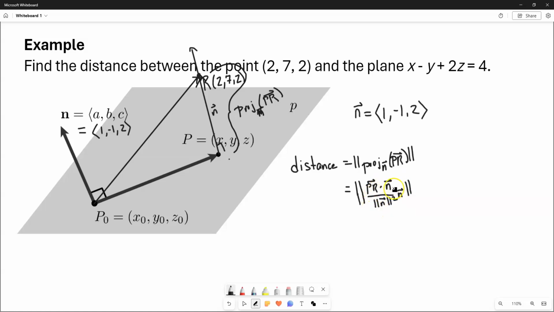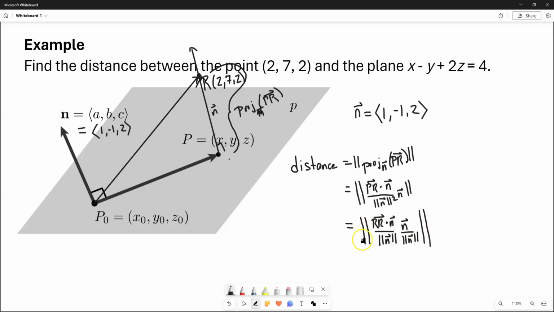Remember, conceptually, this is a vector that moves in the direction of whatever we're projecting onto. In this case, it's the normal vector. So we're moving in the direction of n, and we've scaled it back. Another way I wrote this in my lecture was PR dotted with n over just the magnitude of n, times n divided by the magnitude of n. And then we're talking about the magnitude of that.